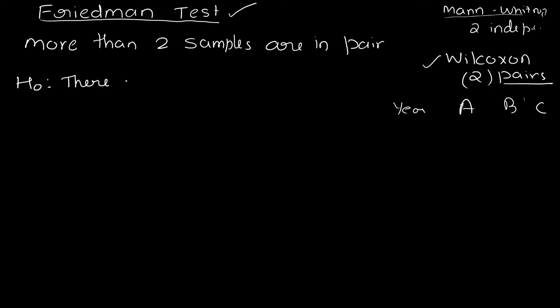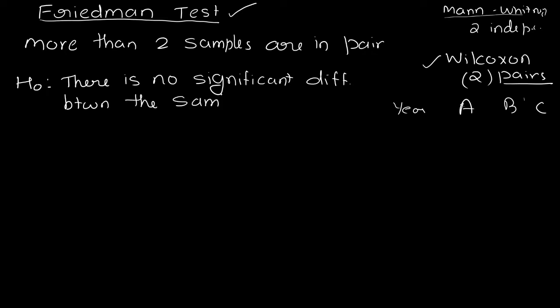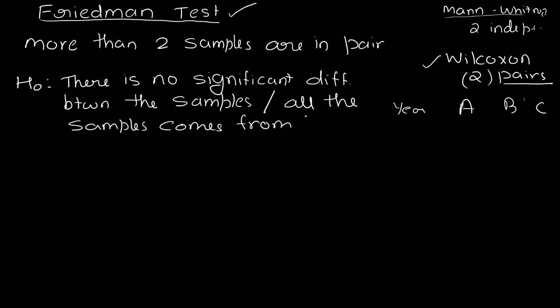That is, there is no significant difference between the samples, or this can even be written as all the samples come from the same population. But most of the time the first one is used, based on the question.